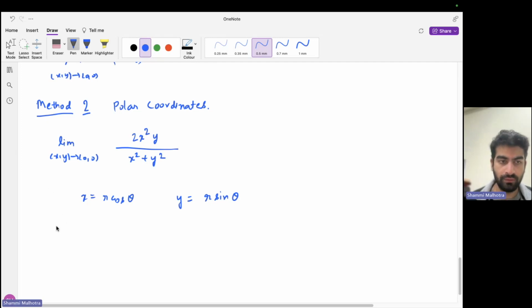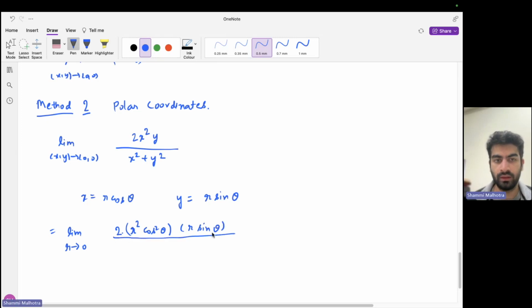Then this limit will be equivalent to the limit as r tends towards 0 of 2 r square cos square theta times r sine theta, whole divided by r square only. So this is equal to the limit as r tends towards 0 of twice of r cos square theta sine theta.